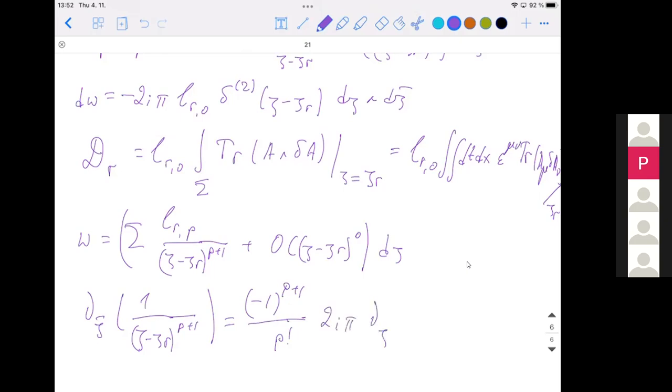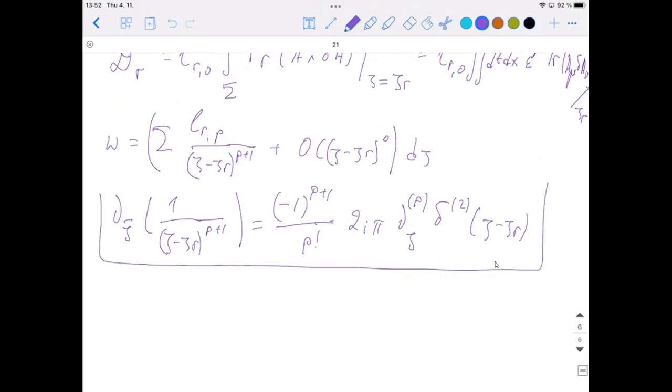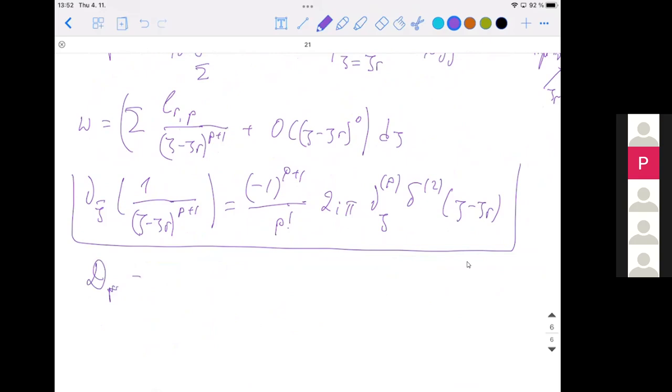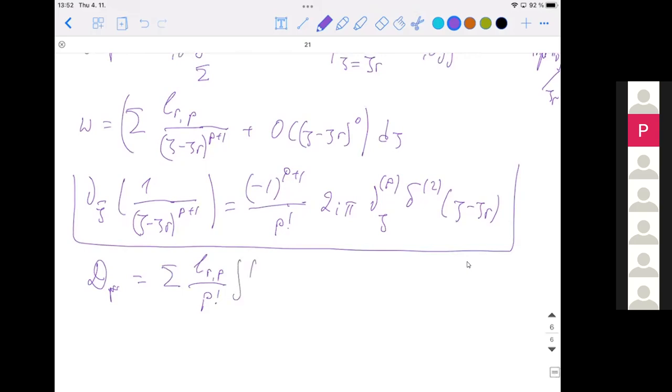So delta z, this, and then z is r. So use this, and then the defect term on this r, zeta r, will be L P bar, and then the next, and then the z p, trace A mu delta A mu at zeta r.